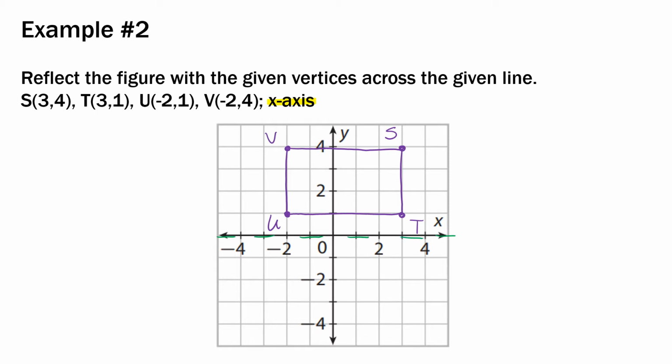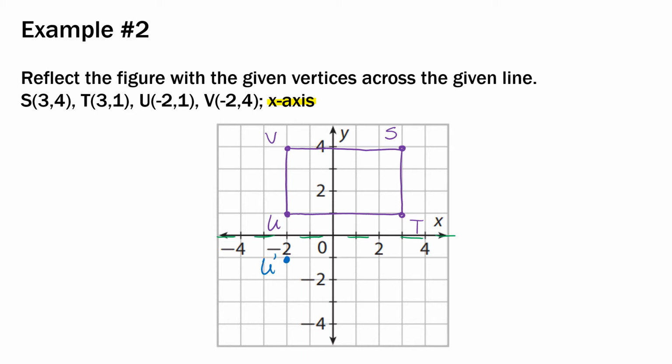So anytime you're reflecting across horizontal and vertical lines, the easiest thing to do is just to count. So I'm going to count and see how far is each point from my line, and then I'm going to count on the opposite side of my line. So starting with point U, I can see it is 1 unit above the x-axis, the line I'm reflecting. So my new U point is going to be 1 unit below.